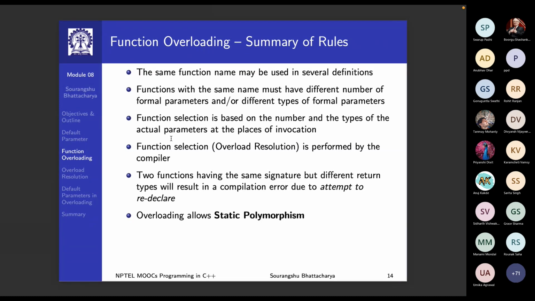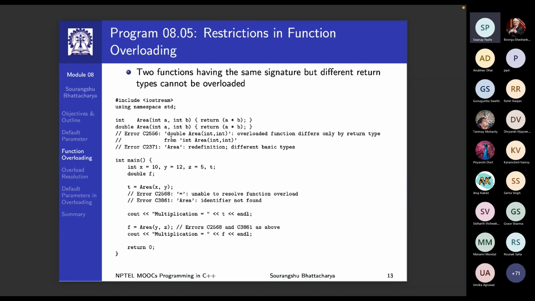Sir, when we change the return type as well as the order or the type of parameters, is it still function overloading, or is it like a new function has been created? It is still function overloading.